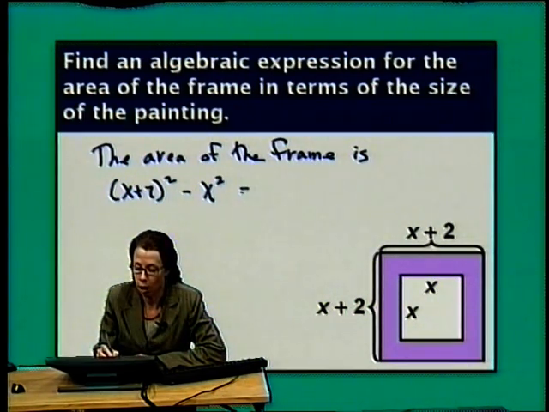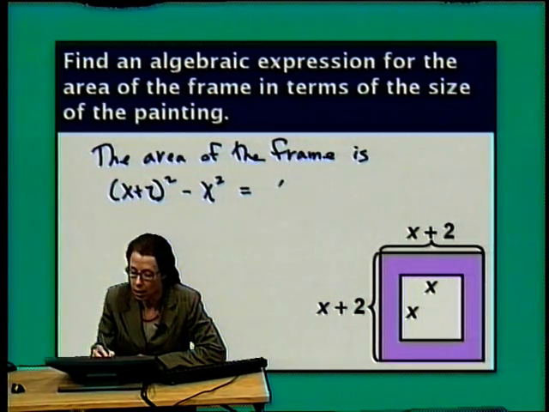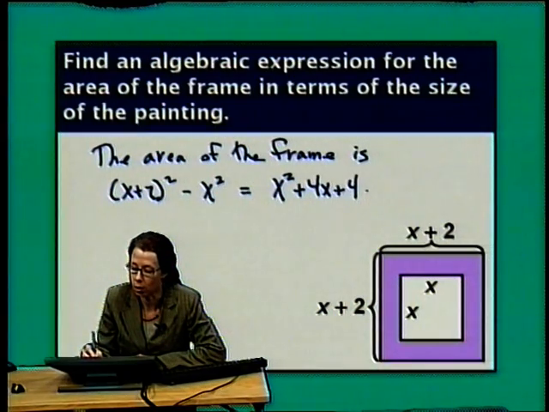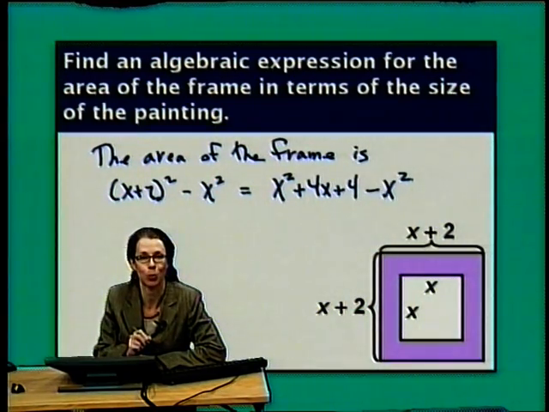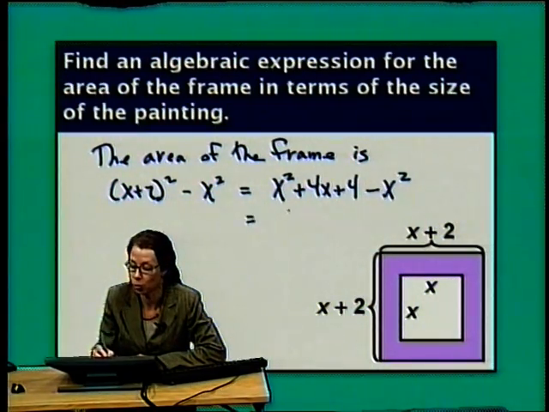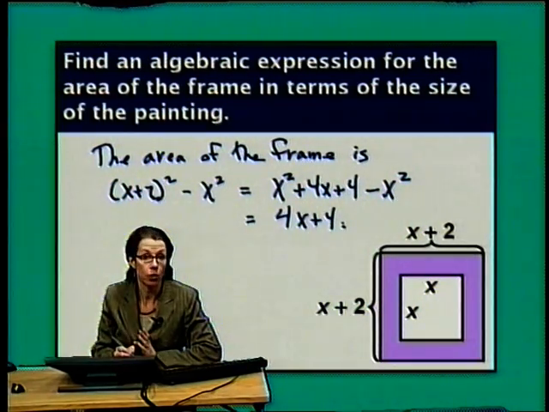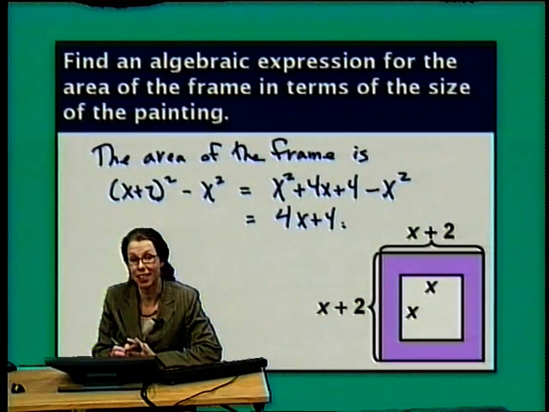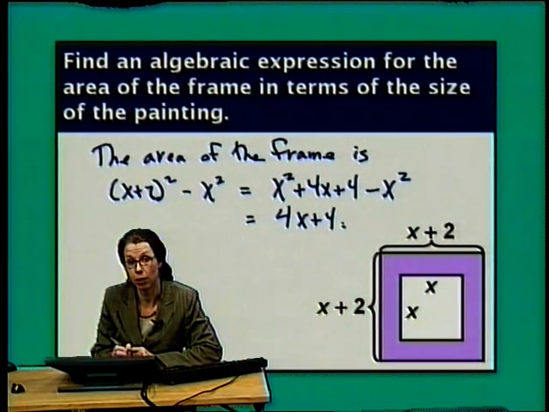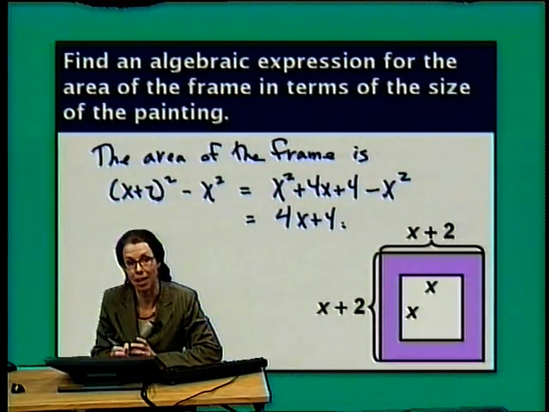Again, recalling that I need to expand x plus 2 quantity squared, I get x squared plus 4x plus 4, and I'm subtracting x squared. Notice the square terms cancel, and I'm left with 4x plus 4. So now the frame shop can figure out exactly how much material they'll need for the frame based on the size of the painting.